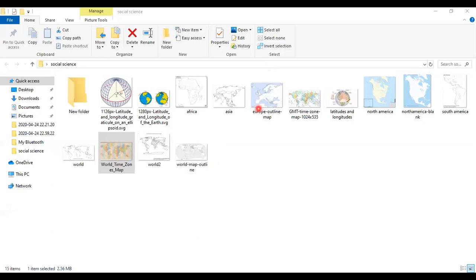So now, as you know, the Earth has 360 longitudes. As it rotates, how much time does it take? It takes 24 hours, right? So it completes 360 degrees of longitude in just 24 hours. It would complete 15 degrees in just 1 hour, and 1 degree in 4 minutes.